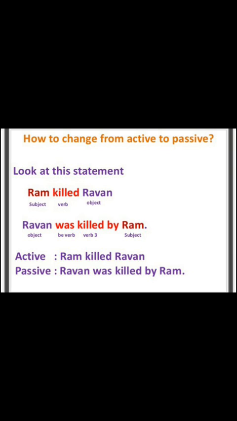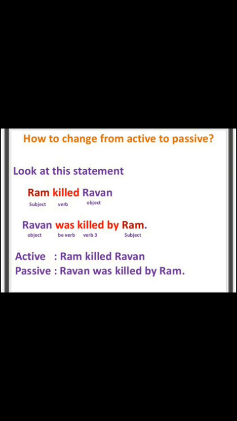Ravan was killed by, and then Ram. Ravan now comes to the front as a subject. Ravan was killed, and in the first sentence Ram is the subject, it comes after the verb, then by is used and then Ram.